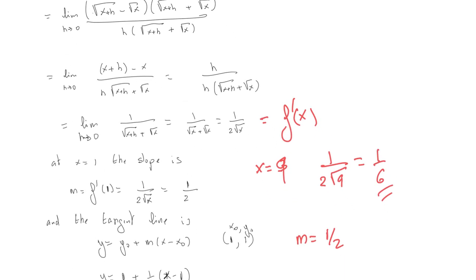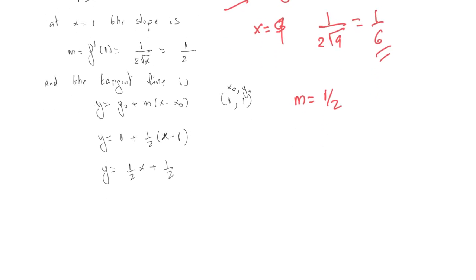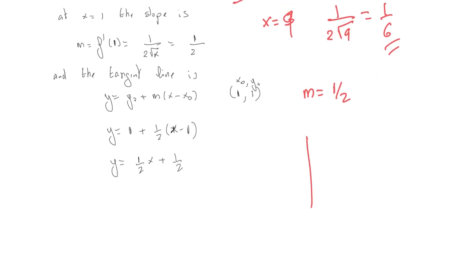If I plug in x equal 1 into the slope equation, 1 divided by 2 square root of x, it will be 1 divided by 2 square root of 1, which is 1/2. I have the graph, I have the point (1, 1), where 1 is the square root of 1, and the slope is 1/2.